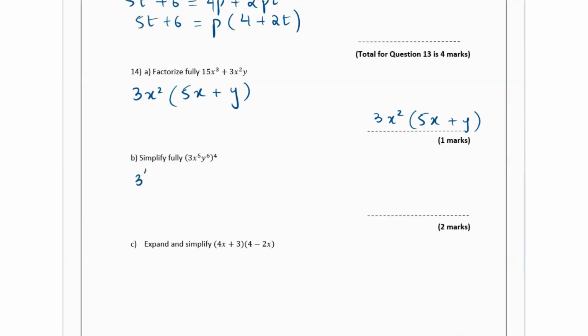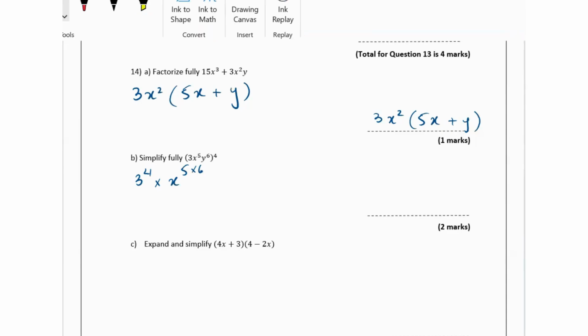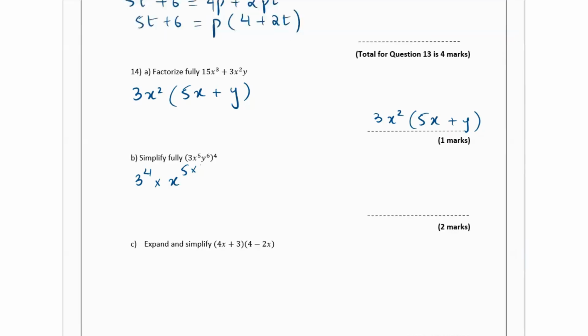So it becomes 3 to the power of 4 times x to the power of 5 times 4, and then y to the power of 6 times 4 as well. So 3 to the power of 4 is going to be 81. So remember, when there's a power outside the bracket and inside the bracket, the power gets multiplied. If we have similar bases being multiplied, you add the powers. If similar bases are being divided, you subtract the powers.